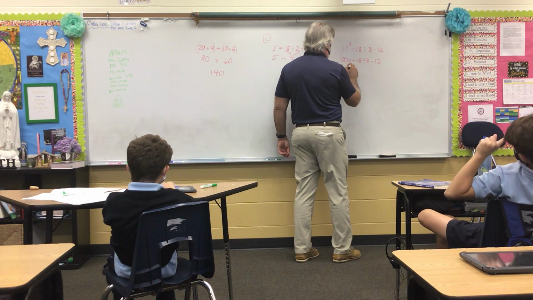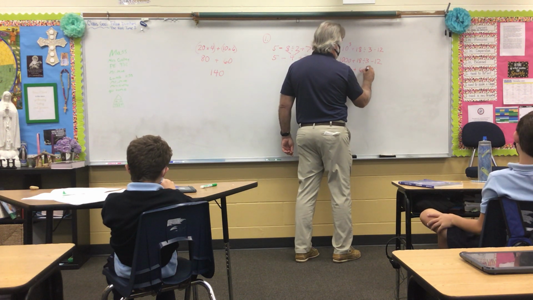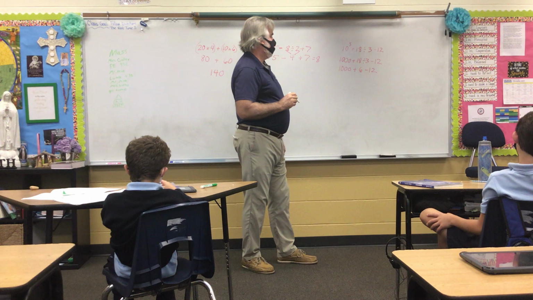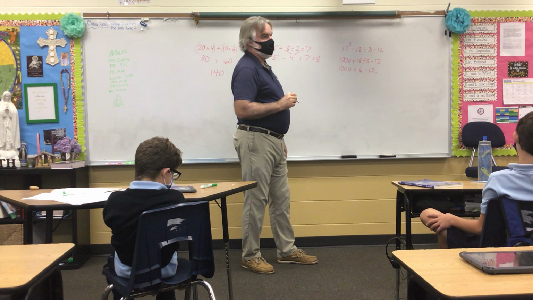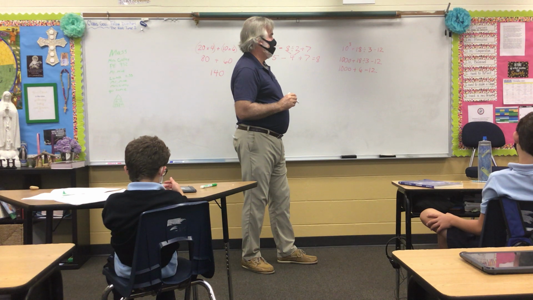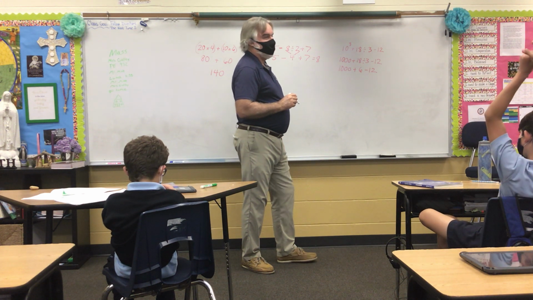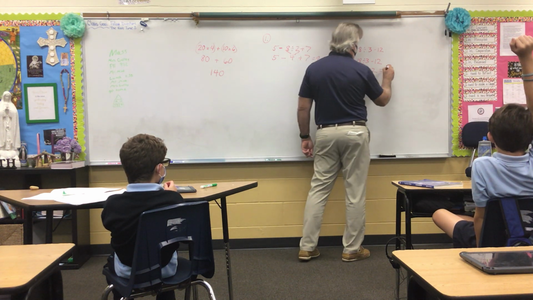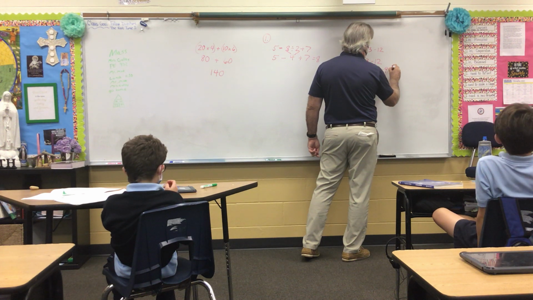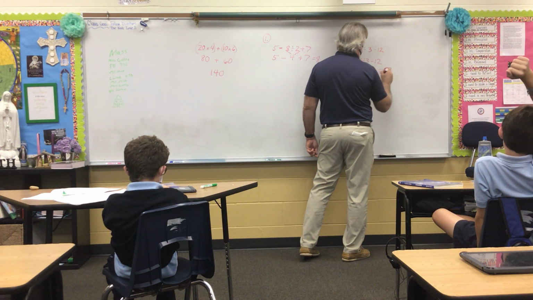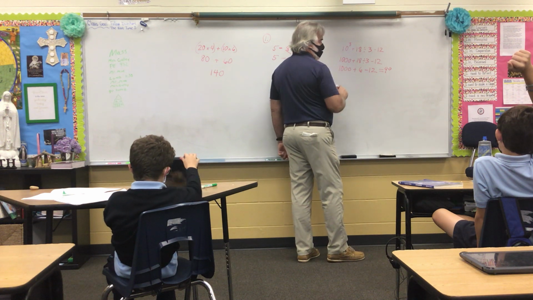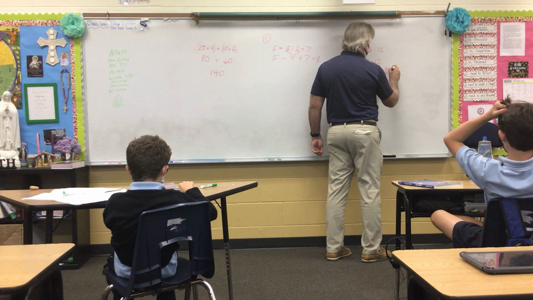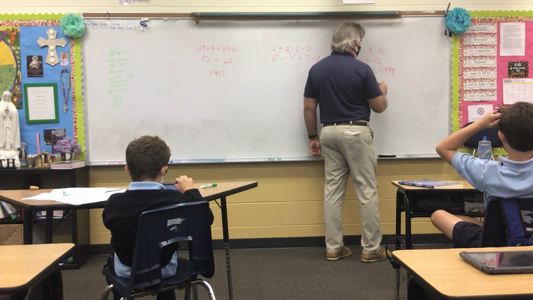So now I've got 1,000 plus 6 minus 12. So then you add 1,000 and 6, that's 1,006, and then you take away 12. If I'm at 1,006 and I take 12 from it, that's 996.